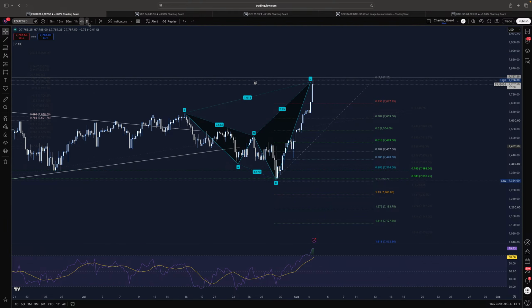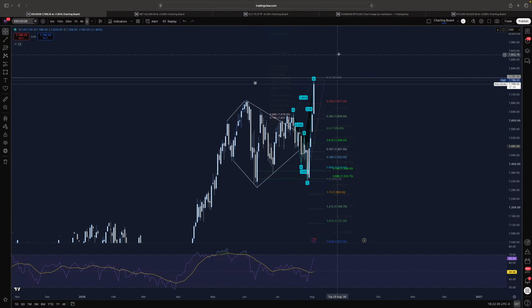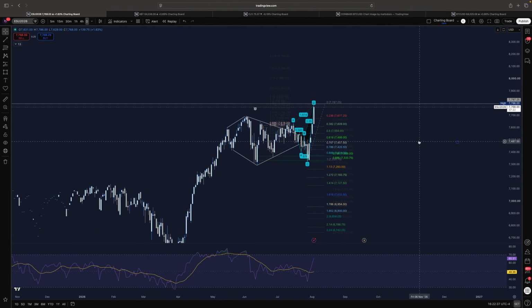As of now, all I can see is a daily may present more upward traction if we bring the deep crab pattern into the 7,900 and 8,000 region. Okay, having a hard time to read the numbers here.